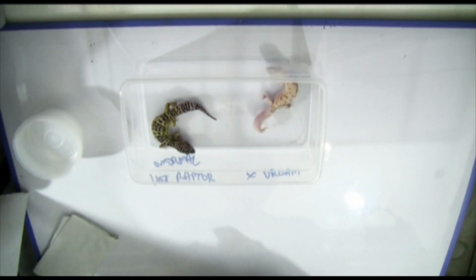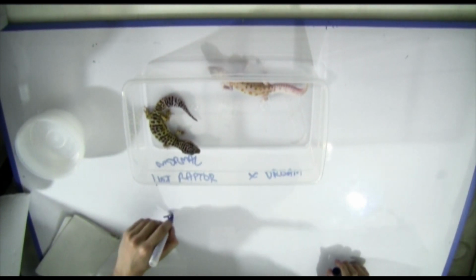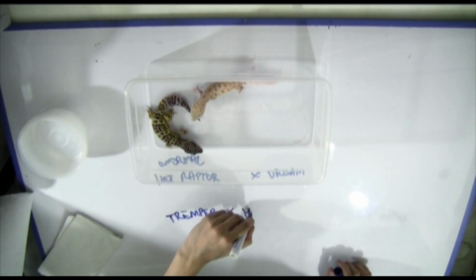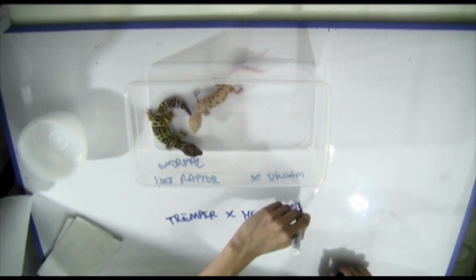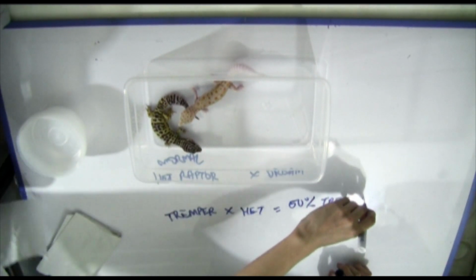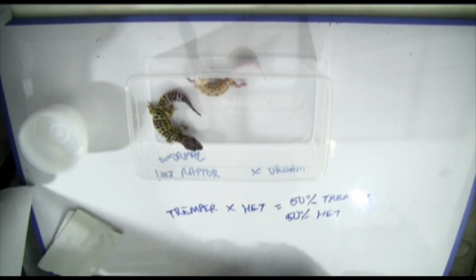I forgot to explain this to you, but a het tramper paired to a het, you'll be 50% tramper and 50% het. Alright?